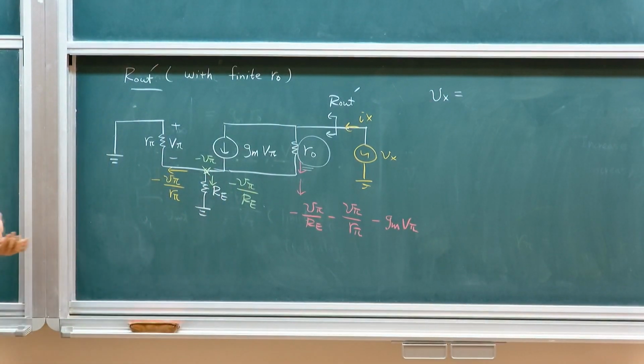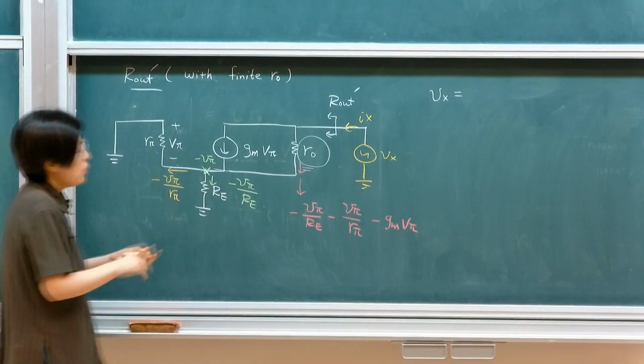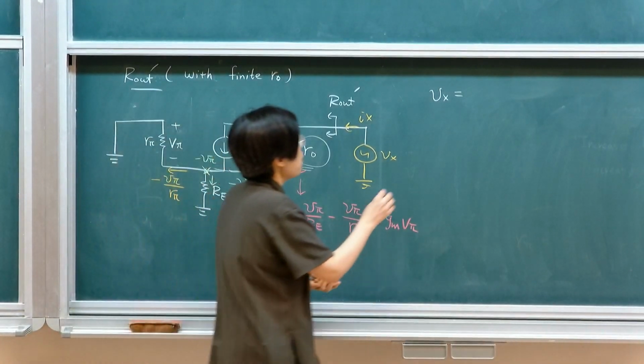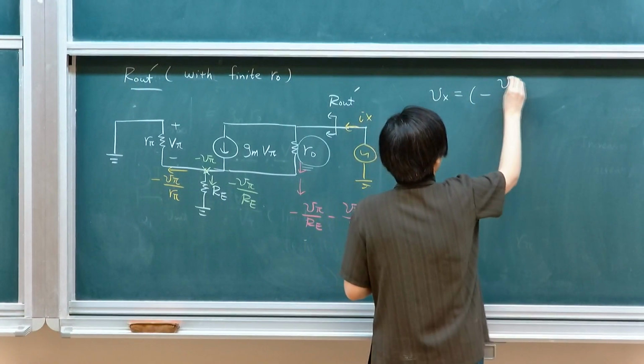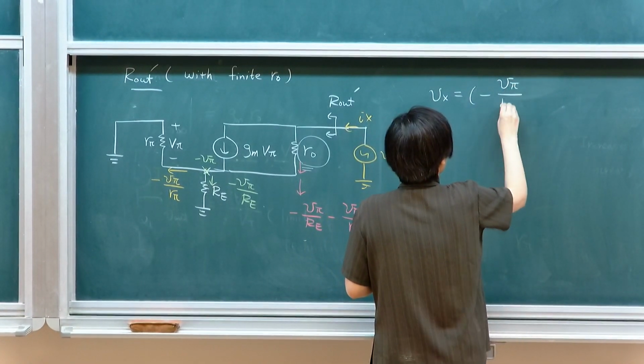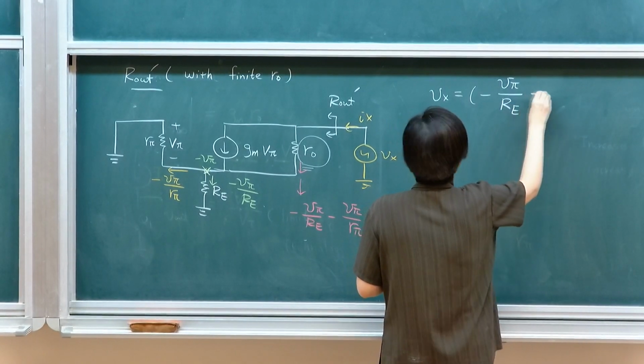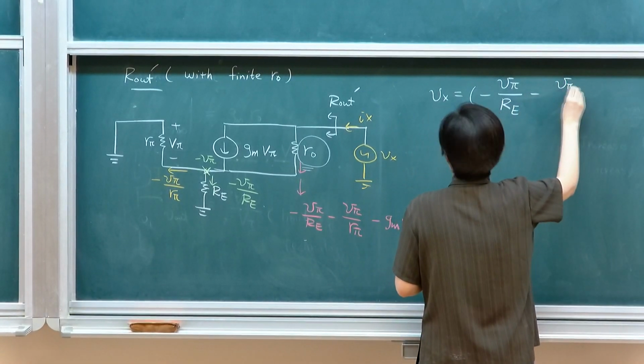It's very hard to define, because it's typically undefined when you have an ideal current source. So then Vx will simply be this current, times RO. Make sure I copy it correctly.